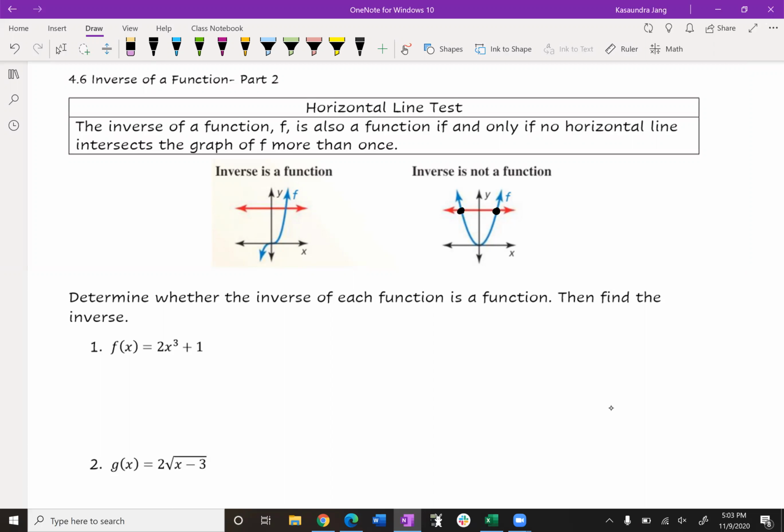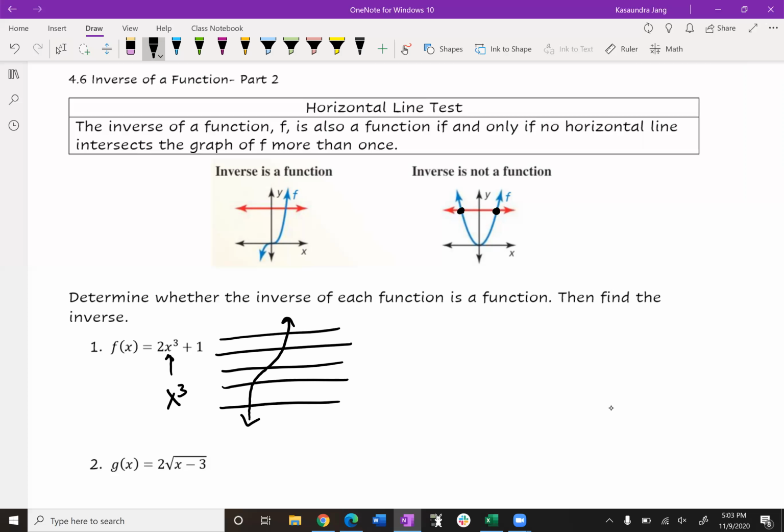So determine whether the inverse of each function is a function, then define the inverse, then find the inverse. So if I want to figure out if this even is a function, I'm going to consider this parent function, x cubed, and they've done some transformations on it, but my parent function, the cubic function, looks like this, which no matter what horizontal line I draw on that, it'll only hit once.